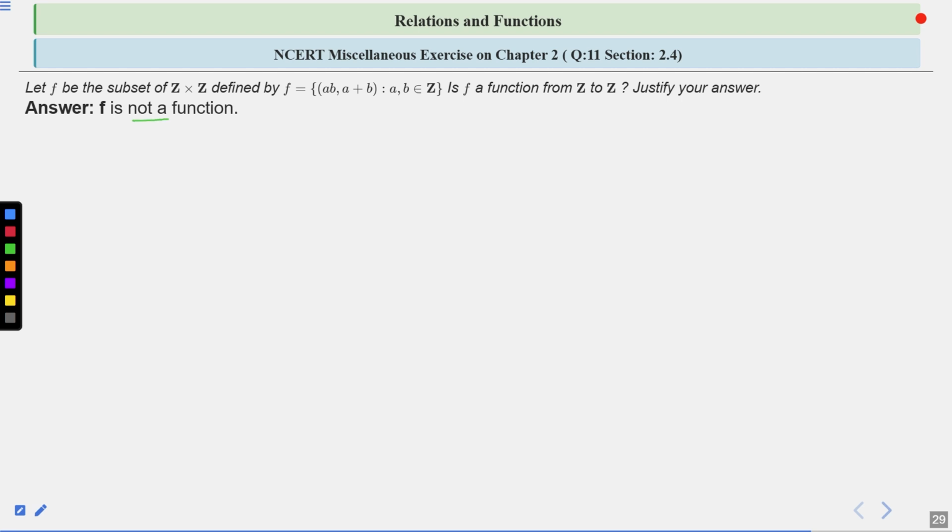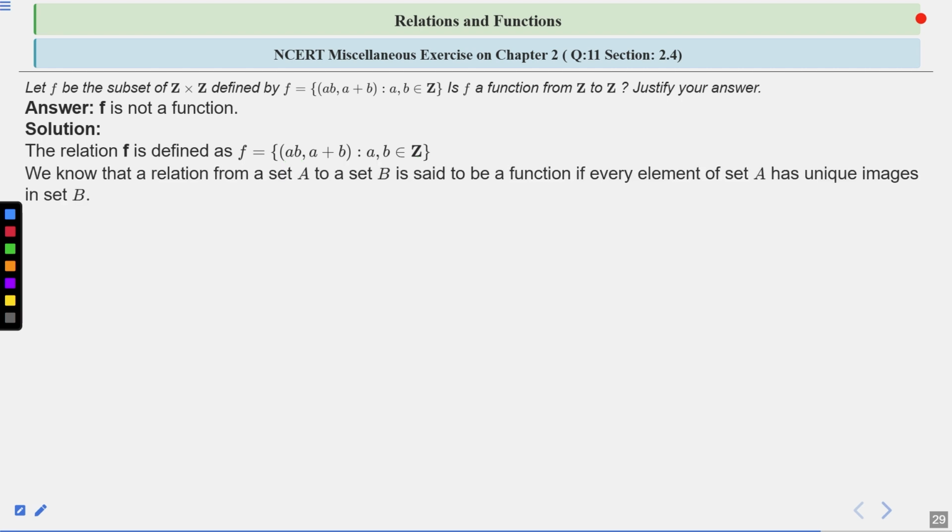So, not a function. Why? Solution. If you observe how we define this set, the first element of this ordered pair is ab and the second element is the sum a plus b. Both a and b belong to the set of integers.